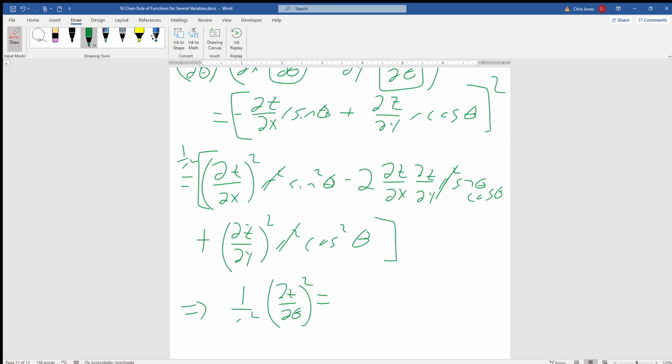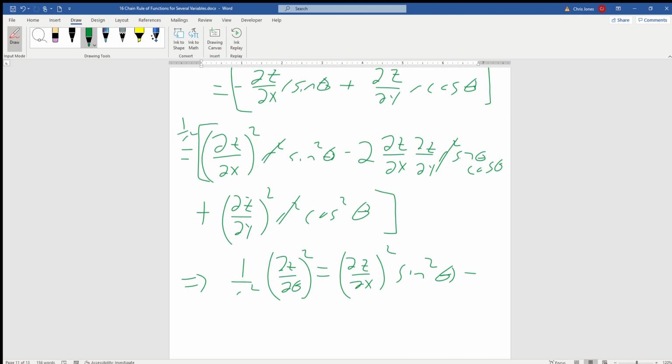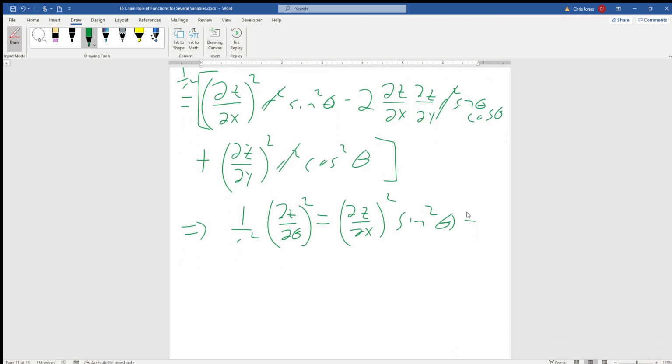So that's going to be partial z partial x square times sine square theta, minus 2 of partial z partial x partial z partial y sine theta cos theta.